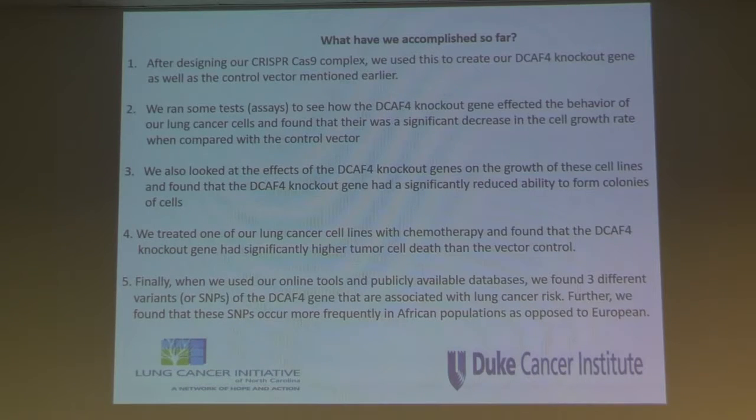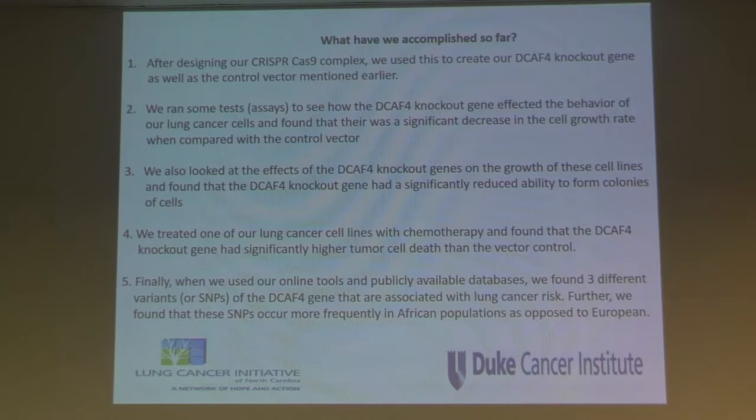Then we used some online tools and publicly available data sets, and we found that 3 different variants, or SNPs, like we discussed earlier, of the DCAF4 gene were positively associated with lung cancer risk.